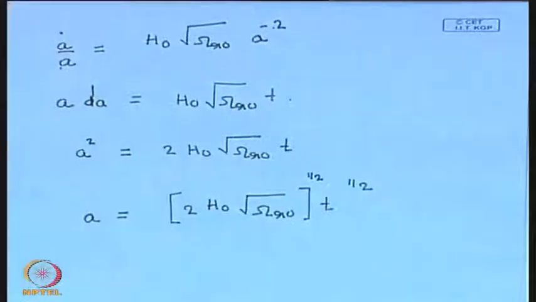So, the scale factor goes as t to the power half during the radiation dominated epoch.